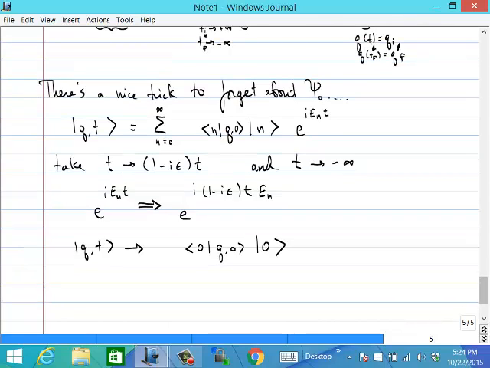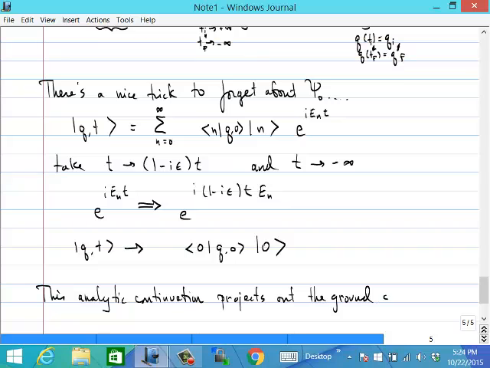So this analytic continuation procedure picks out the ground state. In particular, here we were studying the ket q, and it picked out the ground state as t went to minus infinity. Sorry, I shouldn't say projects out.